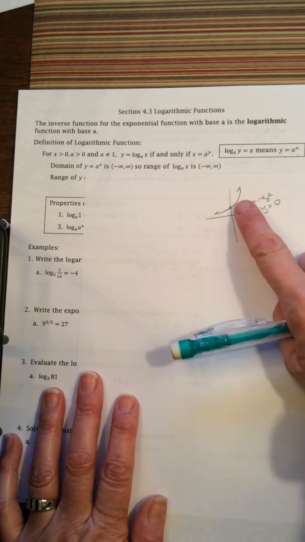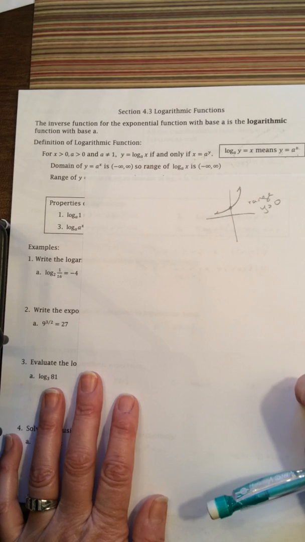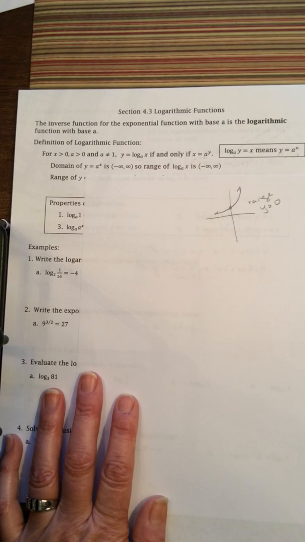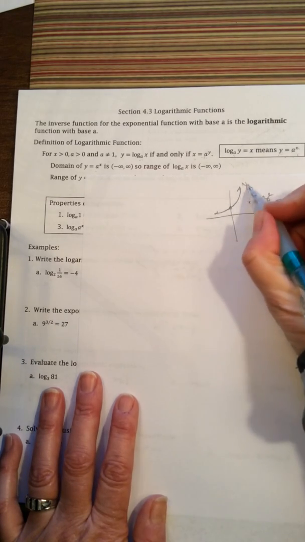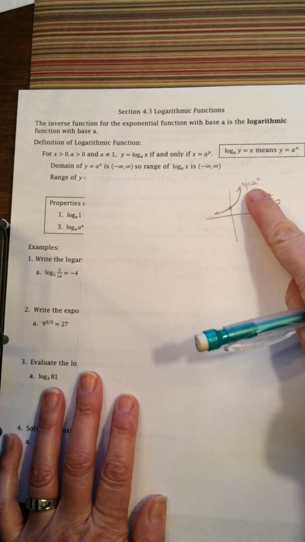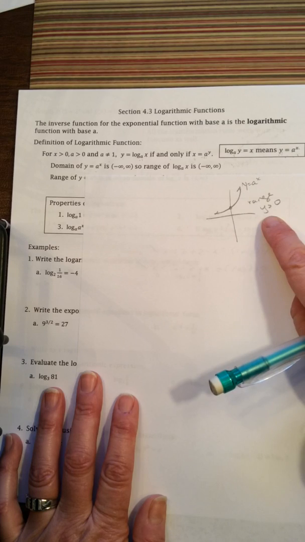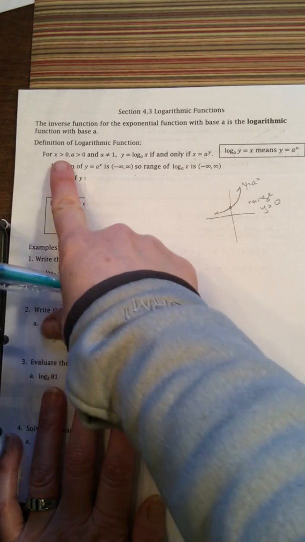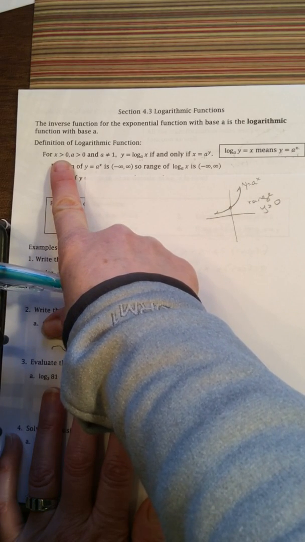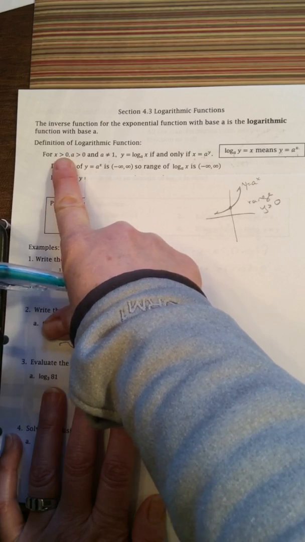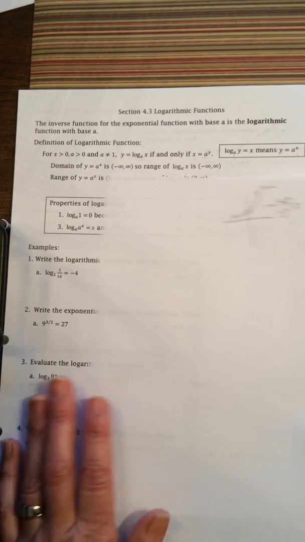Negative numbers don't come out of our exponential function unless we flipped it over with a negative sign. But the range was greater than 0 for y values. So that's what our domain is going to be for our logarithmic function. We're only going to use x values greater than 0.